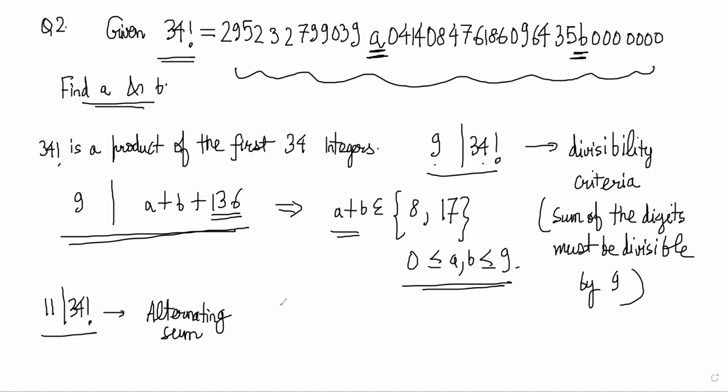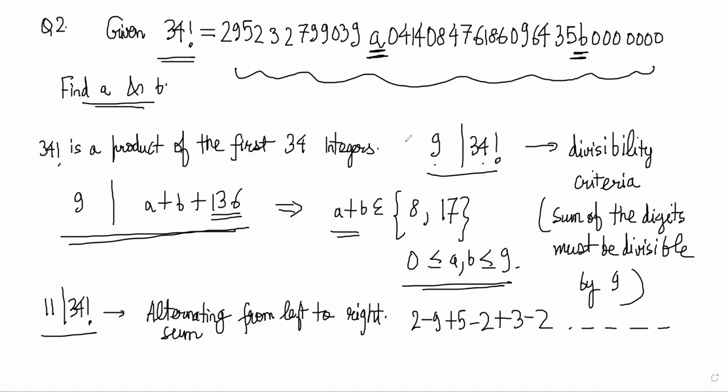Find the alternating sum from left to right for all the digits. So basically, what do I have to do? I have to do something like this: 2 minus 9 plus 5 minus 2 plus 3 minus 2, and so on. Find the alternating sum. And if the alternating sum from left to right for all the digits in decimal notation is congruent to 0 mod 11, then the overall number is also divisible by 11, right?